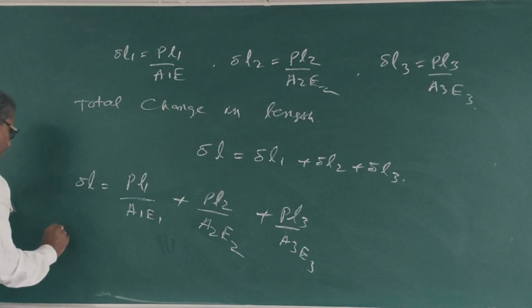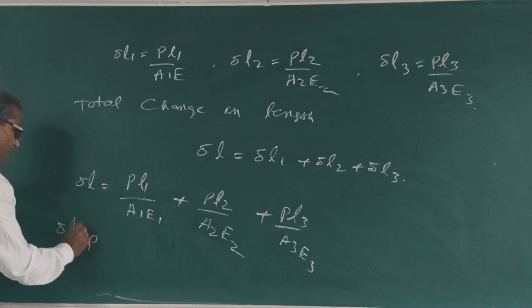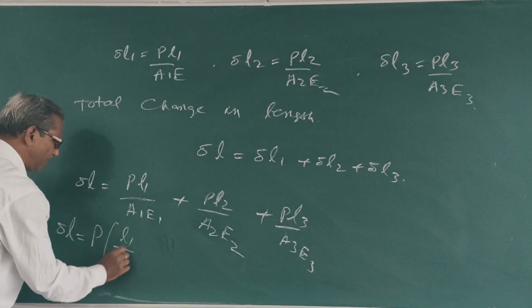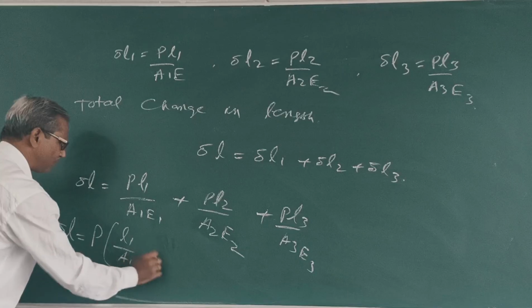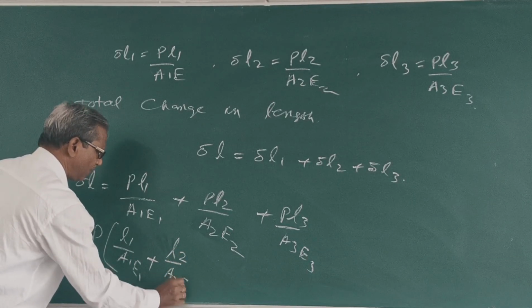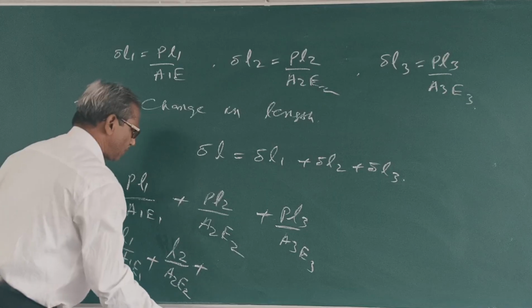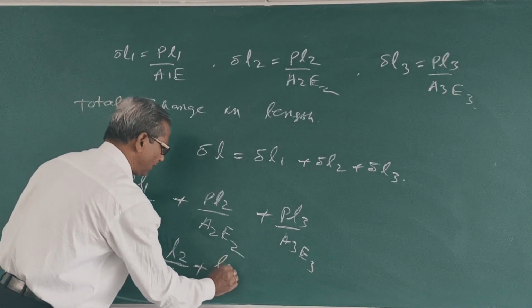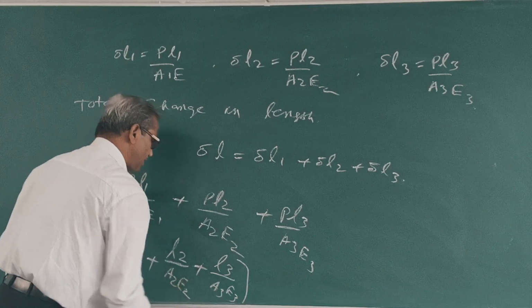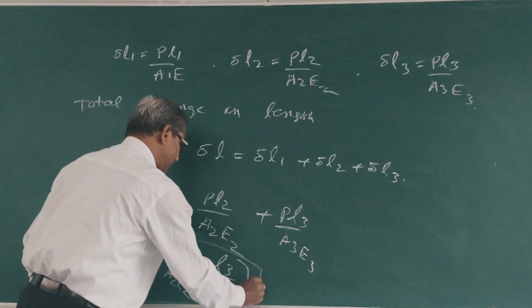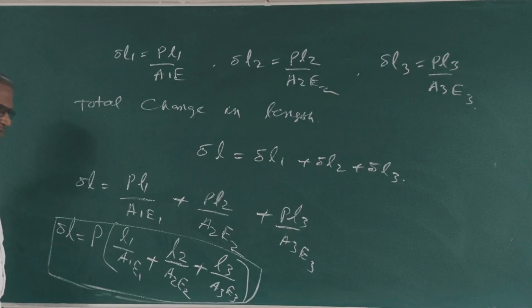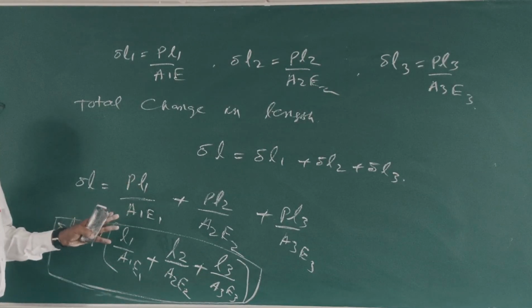So delta L is equal to P into L1 by A1E1 plus L2 by A2E2 plus L3 by A3E3. Clear? This is the change in length for the entire bar.